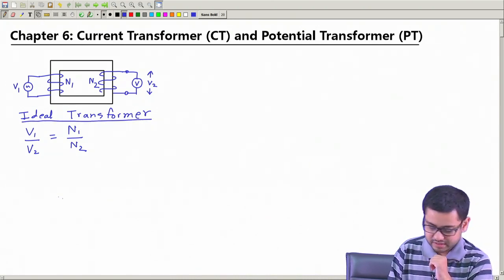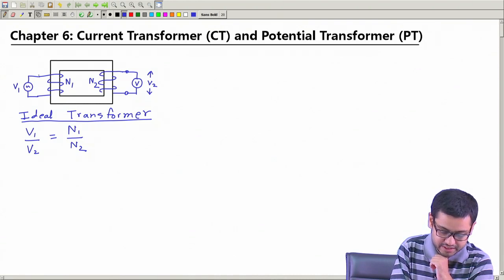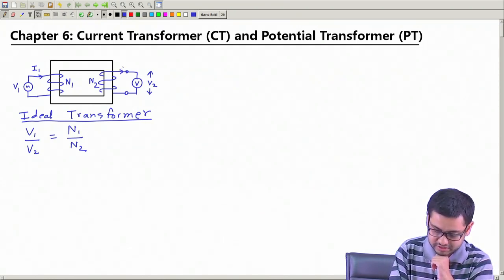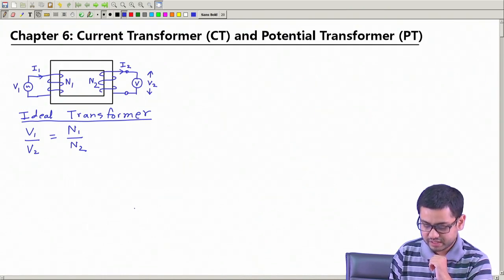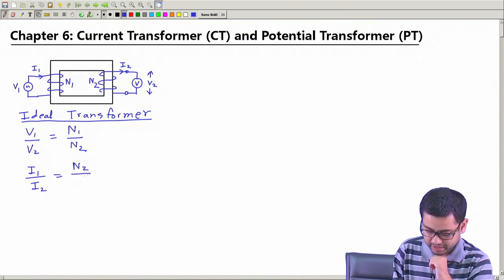Also, if the current that is flowing in the primary coil is I1 and if any current I2 flows here in the secondary, then the relationship between I1 and I2 is the opposite, N2 by N1.